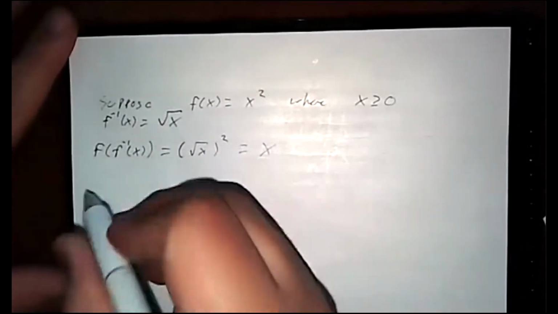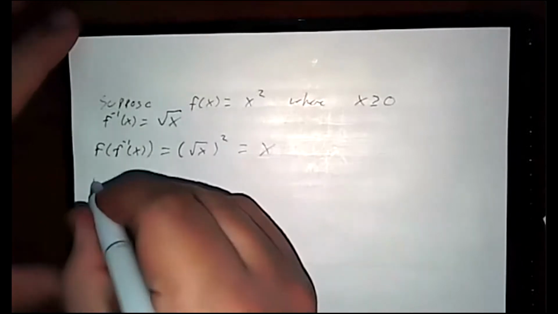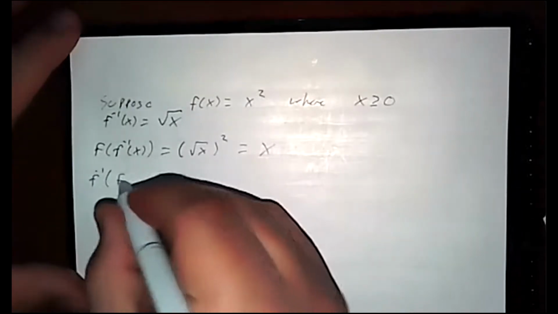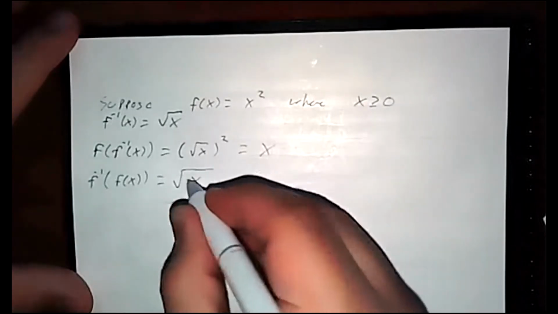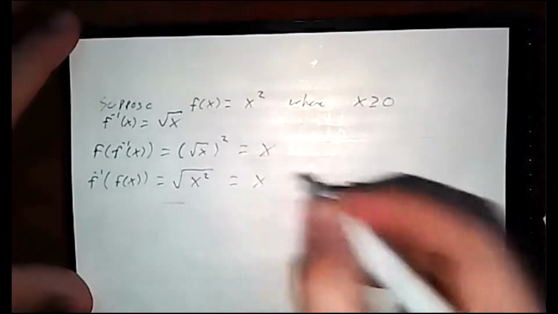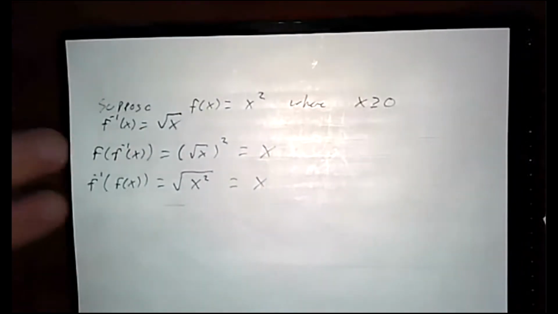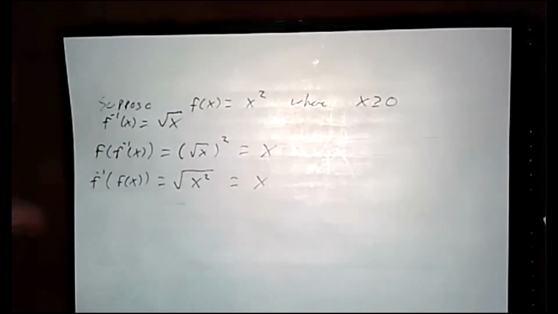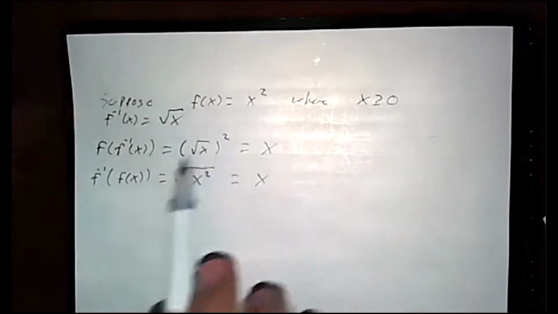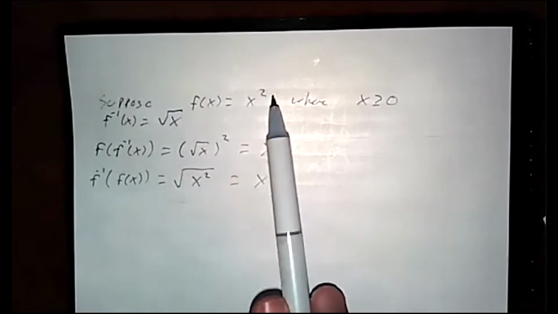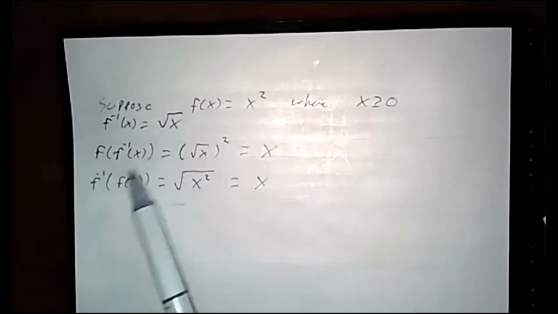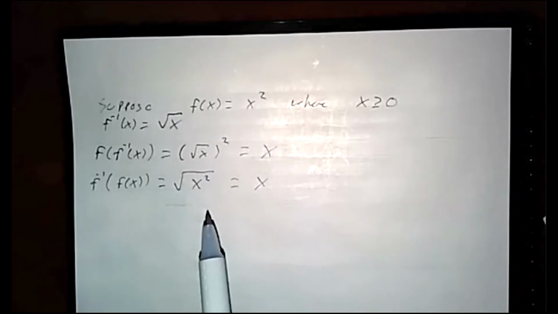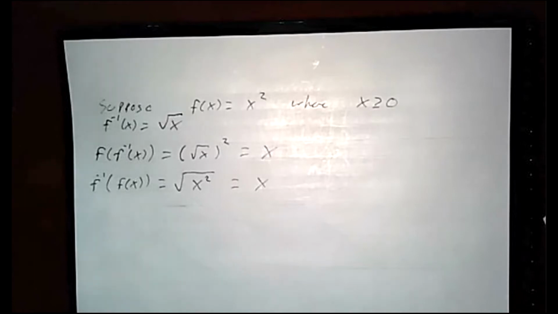If I go the other way, that would be the square root of x squared, which gives me x. So the fact that I get x back in both directions proves that these are inverses of each other. That is the requirement. If something is an inverse, they have to cancel out when you compose them together. Does that make sense? Do you remember from pre-cal or college algebra?